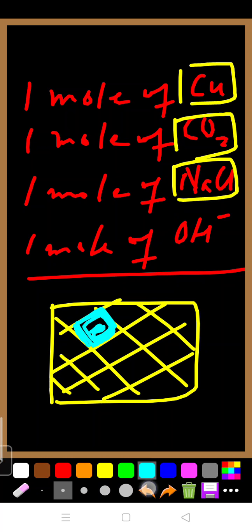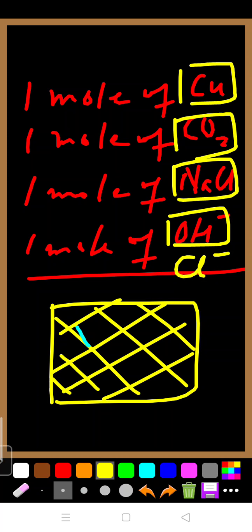Then we have 1 mole of hydroxyl ions, or 1 mole of, let's suppose, chloride ions, sodium ions, or copper ions. So ions, formula units, atoms and molecules, and also electrons. Sometimes we also classify subatomic particles like electrons, protons, and neutrons, such as how many subatomic particles there are in 1 mole of a particular substance.